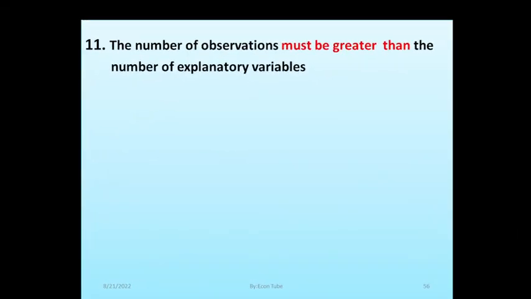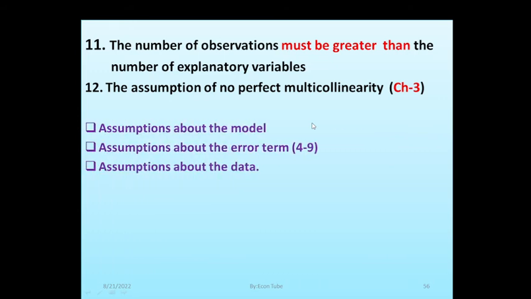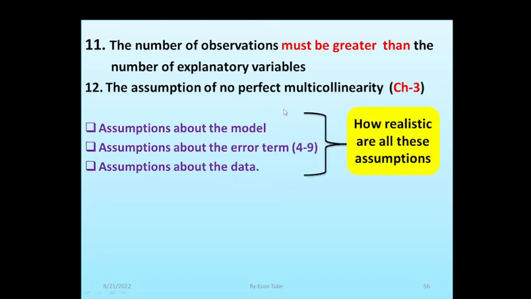The number of observations must be greater than the number of explanatory variables. The assumption of no perfect multicollinearity comes from chapter 3. Assumptions about the model, assumptions about the error term, 4 to 9. Assumptions about the data show the no perfect multicollinearity assumption.